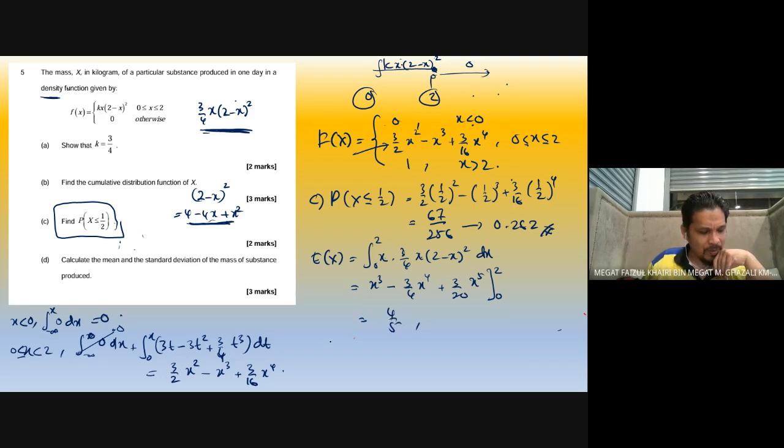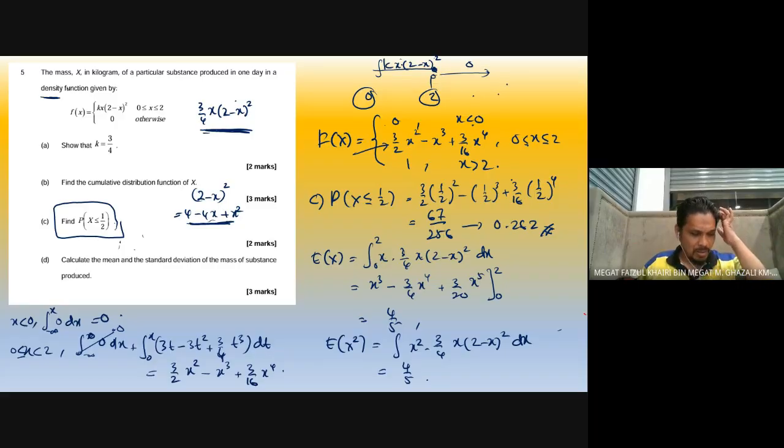And for variance, we need another calculation of expected of x squared, which is the integral of x squared times 3 over 4 x and 2 minus x squared dx. So integrate this, it's going to give you 4 over 5. Again, for the next value, expected of x squared is 4 over 5.